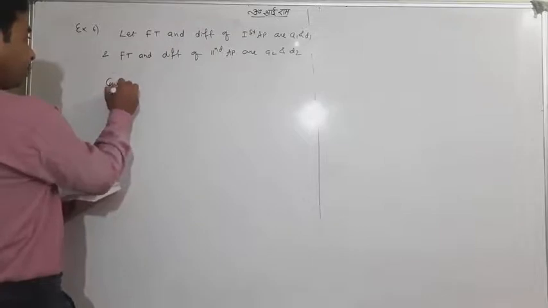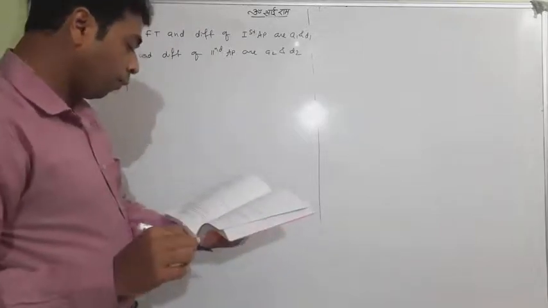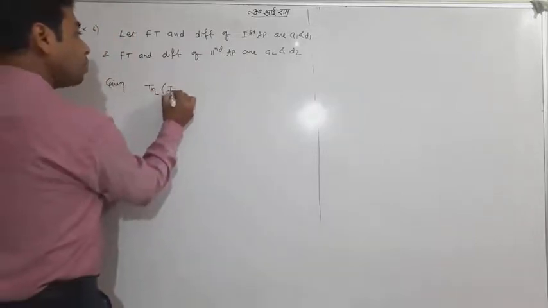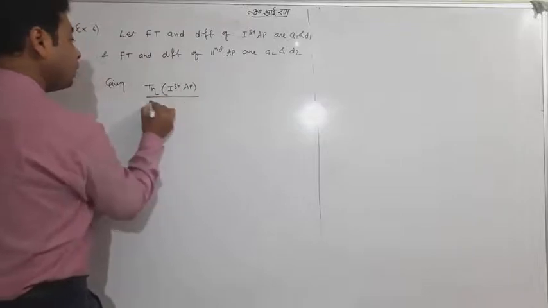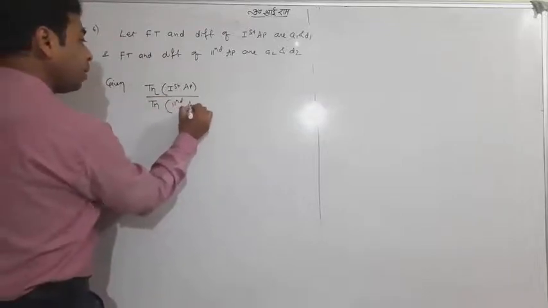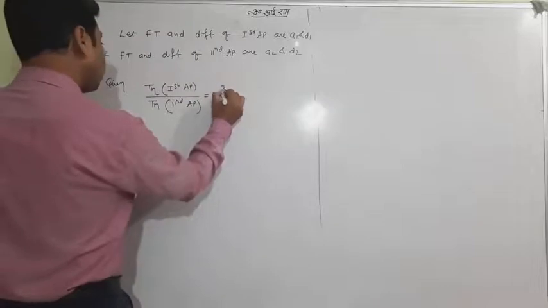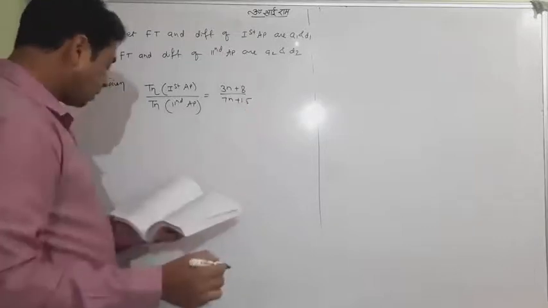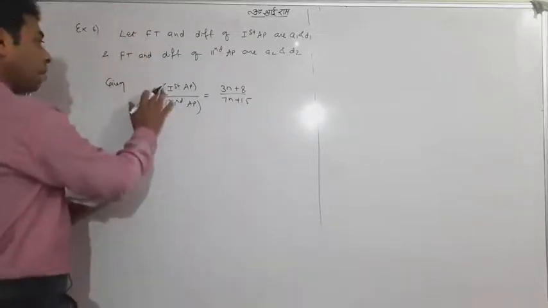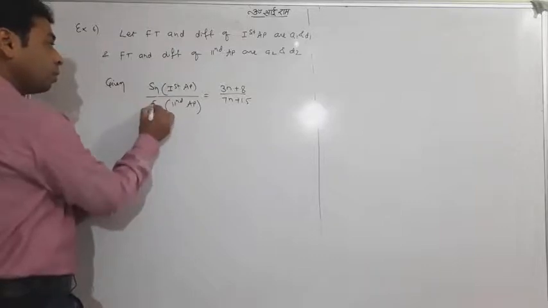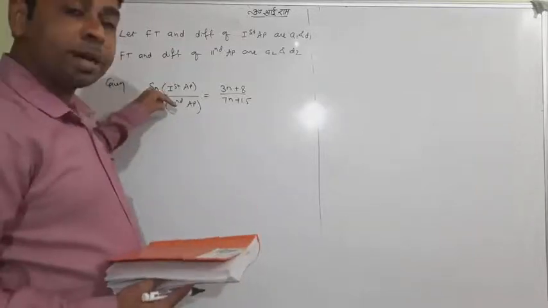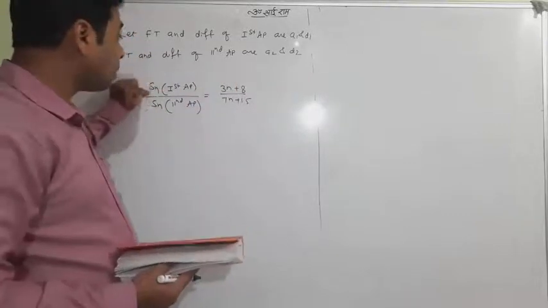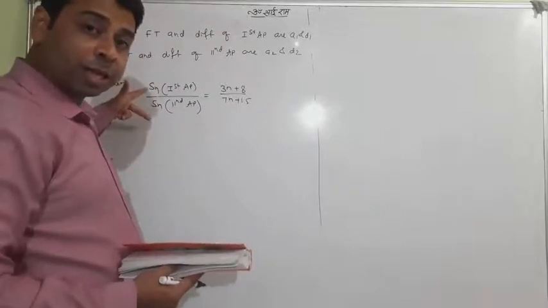We are given the ratio of their sums. I'm sorry, it's not the nth term, it is the sum of n terms. The sum of n terms of 2 APs are in the ratio 3n plus 8 upon 7n plus 15.